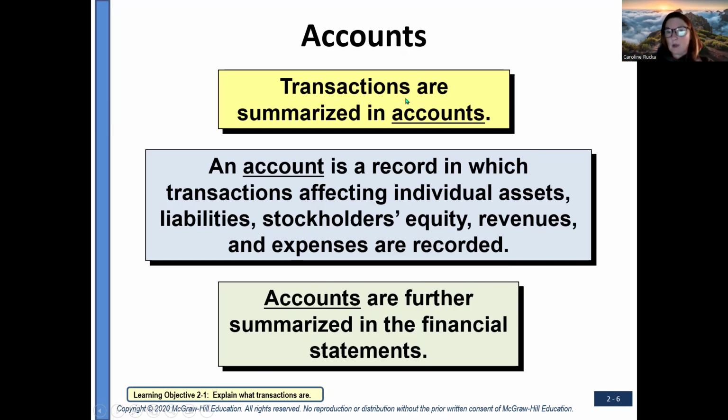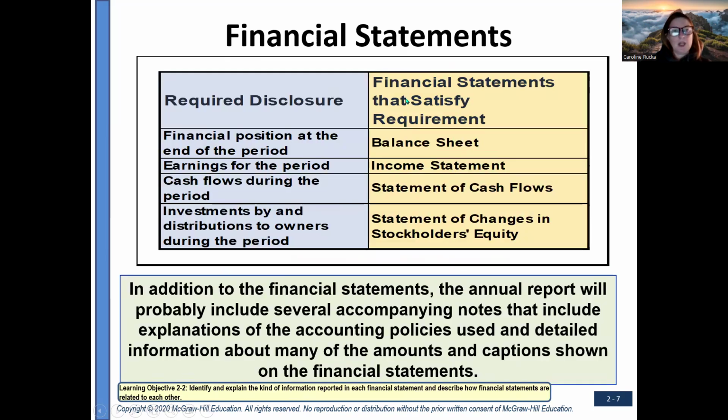Remember our accounting formula, okay? And by extension, also revenues and expenses. The accounts all are kept together in the ledgers, right? And the summary of the ledger is the financial statements.